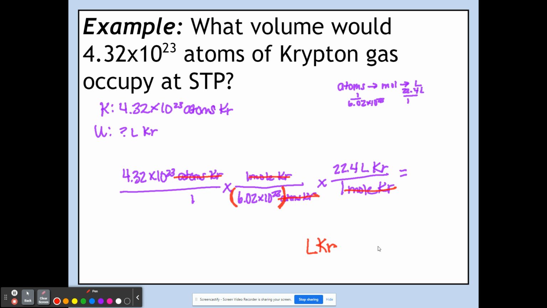So in my calculator right now, I'm going to go ahead and put 4.32 times 10 to the 23rd divided by, put in my parentheses, 6.02 times 10 to the 23rd, and then multiply by 22.4. When you do all that, you should get an answer of 16.0744186. I only went 2 decimal places, so it's 16.07 liters of krypton.